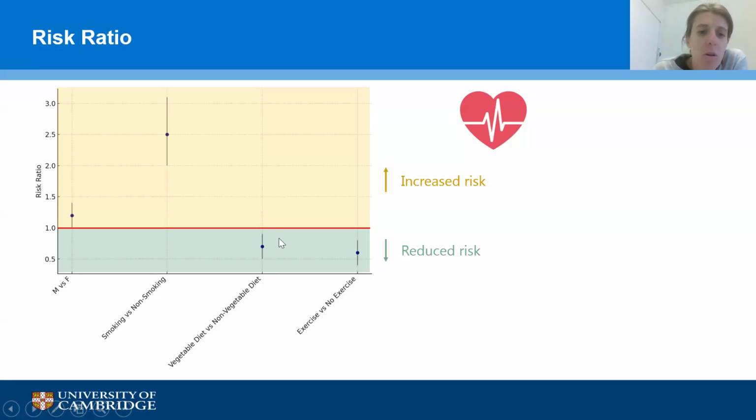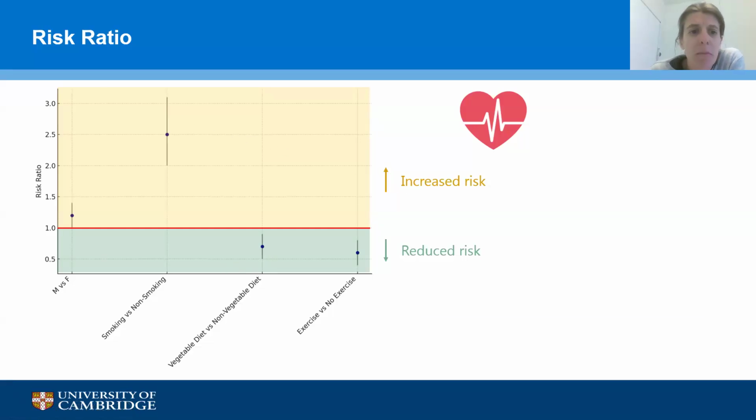It's interesting to see what happens when we move below 1. That means the factor is protective. So those that have a vegetable-based diet compared to those that do not have probably a 30% lower risk to develop CVD, because from 1 we go to around 0.7, so we have 30% less risk.